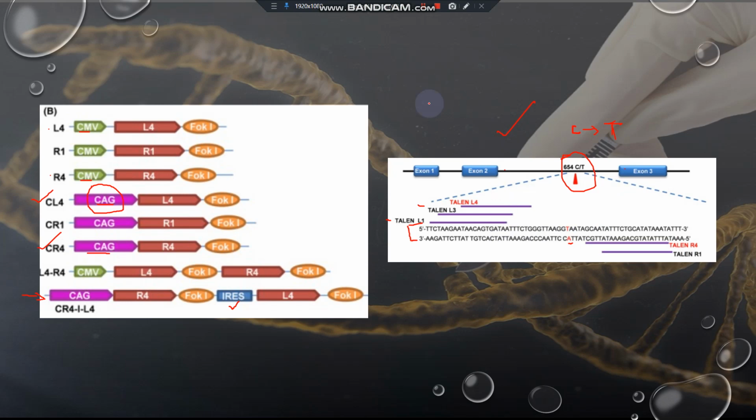So in this experiment we used the HEK293 cell line, DMEM media and FBS. HEK293 is a mammalian cell line which is used because of its ease in transfection, and it is also used in cell culture.